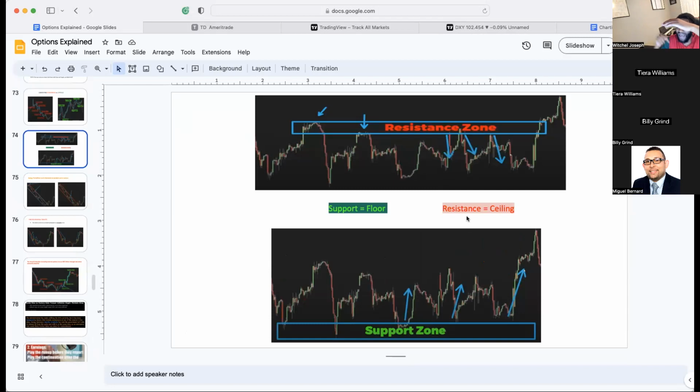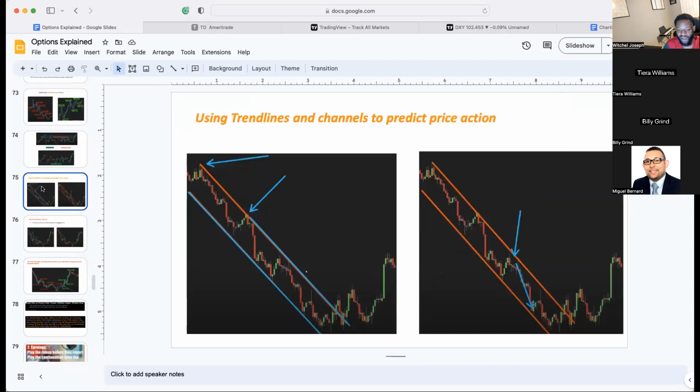If it bounces out of that range, only if it first reacts in that range and starts going your direction, then it could be your zone, because it can always break through your zones. But the other technique is channels. Channels are basically a way of boxing in the price, where the price stays in between, and that shows you the path of the stock.